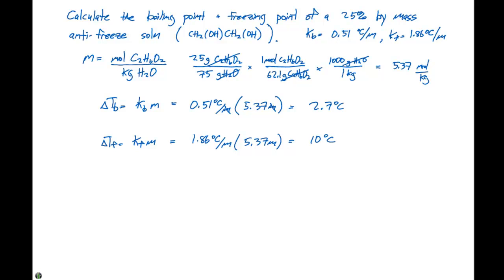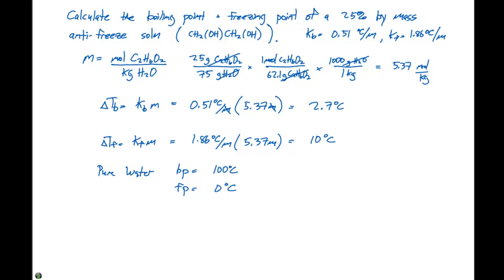We weren't given here the boiling point or the freezing point of water, but we know that for pure water, the boiling point is going to be 100 degrees Celsius, and the freezing point is 0 degrees Celsius.